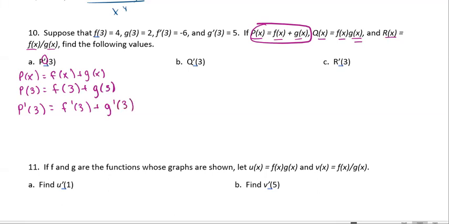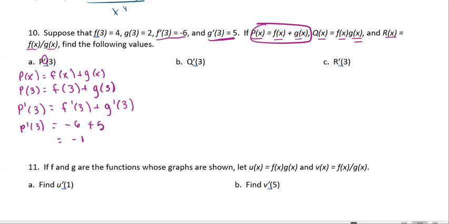So now we need to look at our given information. I am given f prime of 3 right here. So f prime of 3 is negative 6. And I'm given g prime of 3 right here. So g prime of 3 is 5. So that means that p prime of 3 is going to look like negative 6 plus 5, which will simplify to negative 1.